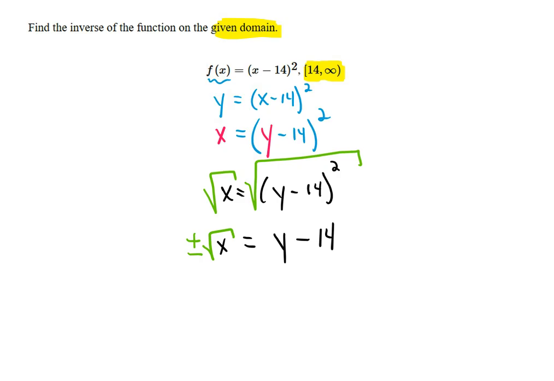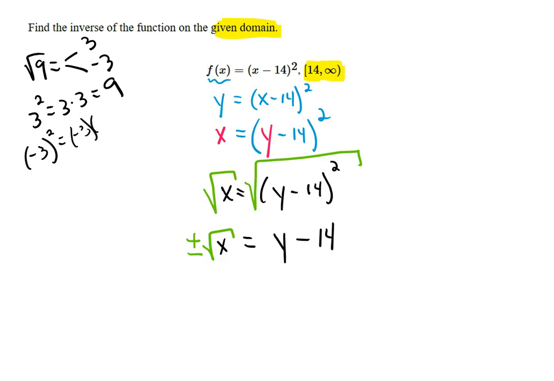So like if it was the square root of 9, there's actually two possible answers, 3 and negative 3, because 3 squared is 3 times 3, which equals 9. But also negative 3 squared, which is negative 3 times negative 3, is also positive 9. So there's really two possible values for that square root of x. It could be positive or it could be negative. So you have to leave that on there.